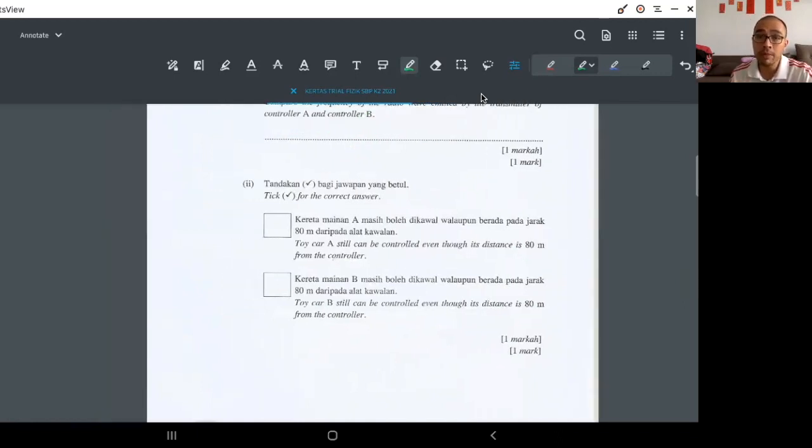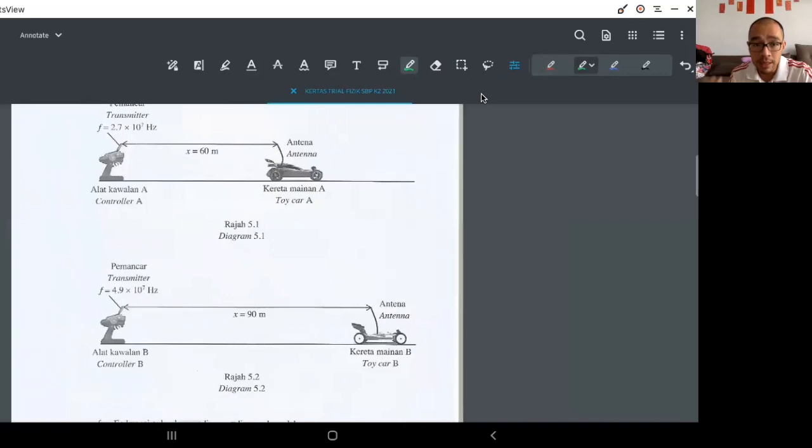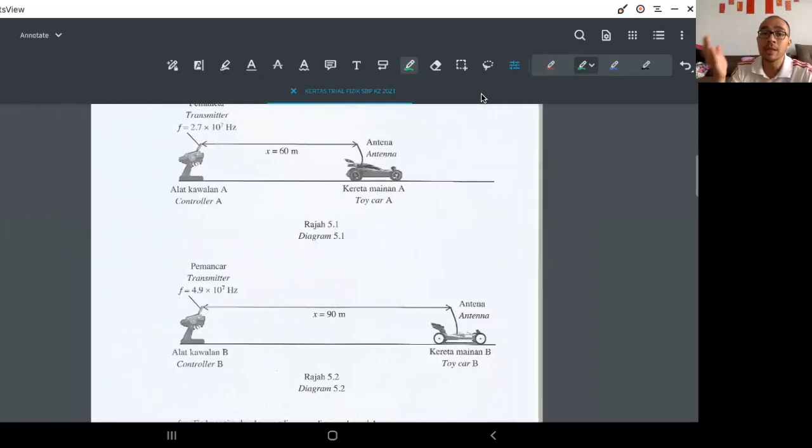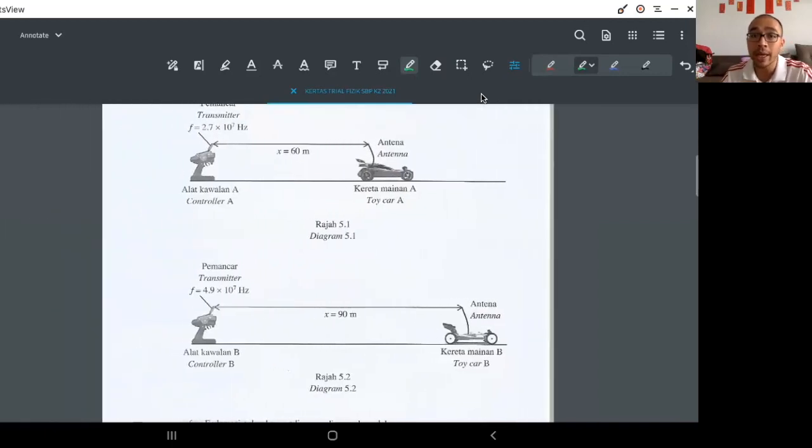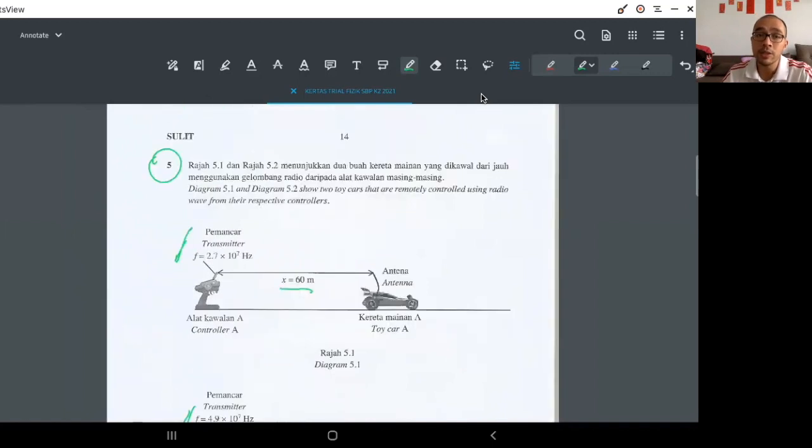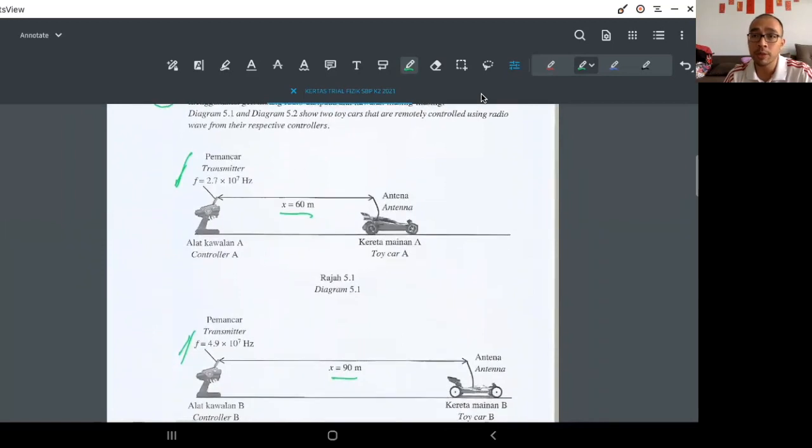But toy car B, very obvious, you can see for sure that at 80 meters, the toy car can still move. So why would you want to be smart, Alex, and say, oh, 5.1, there is a possibility, when 5.2 is so obvious that 80 meters already can.